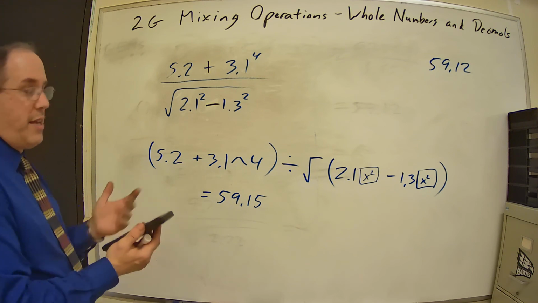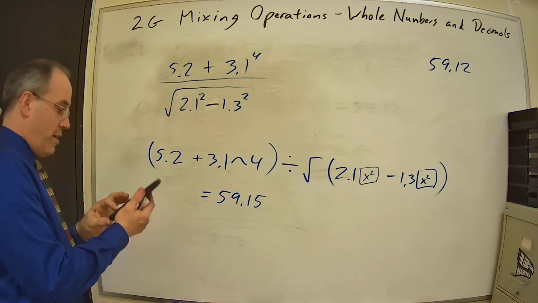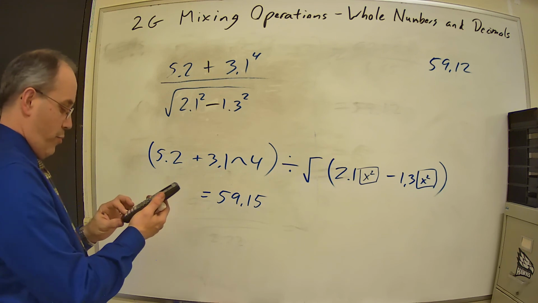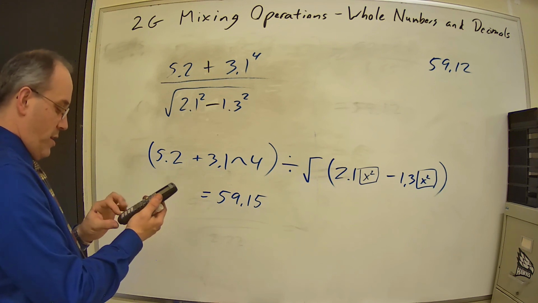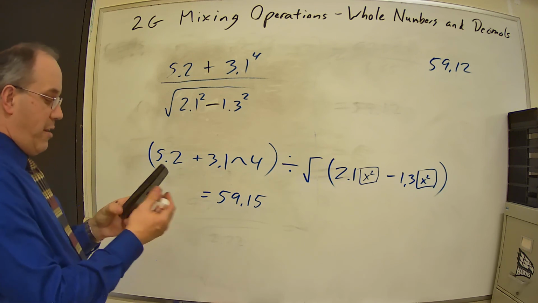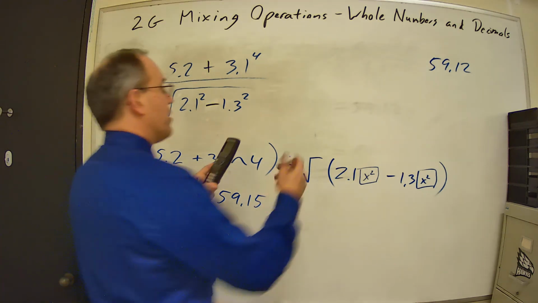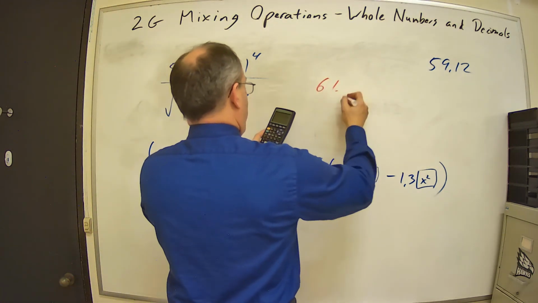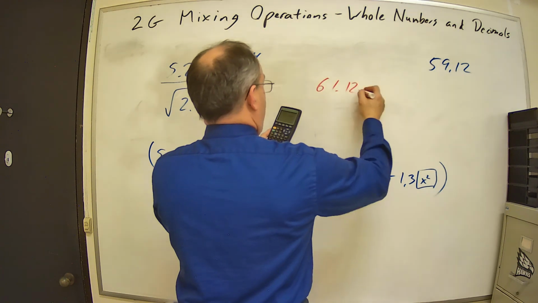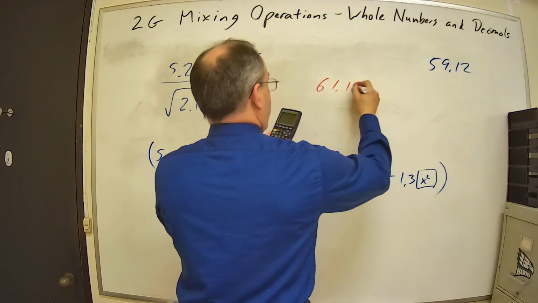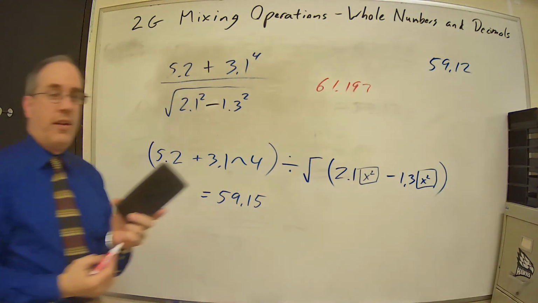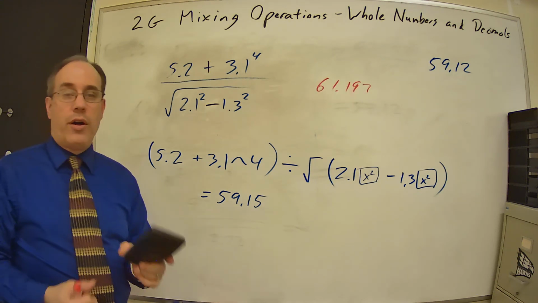Instead of hitting minus, I hit my negative sign. Minus 1.3 squared, enter, I come out with 197 approximately. So you can see that I came out with the wrong answer.